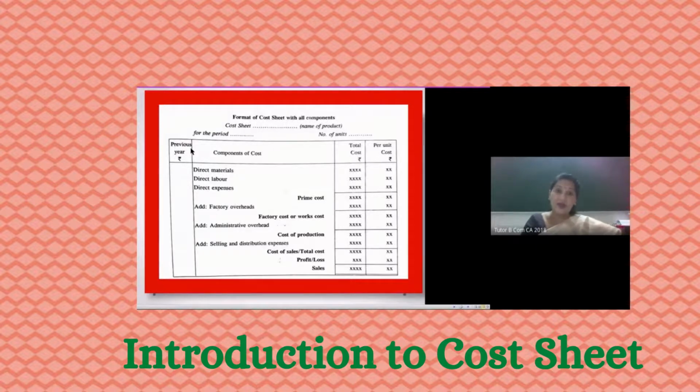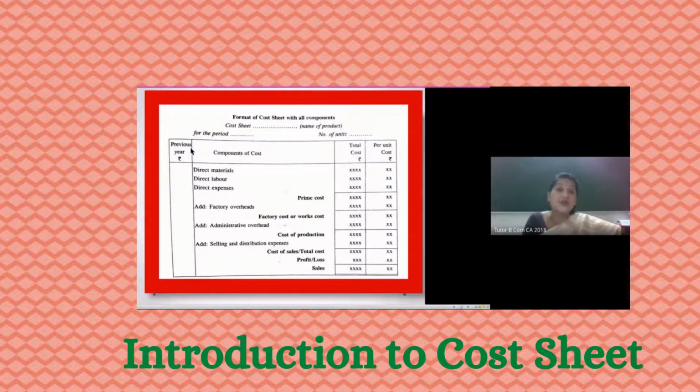And if I'm planning to add my profit to that, then I will arrive at my sales revenue. Suppose I'm making a loss: I planned something, but it did not happen the way I planned, so maybe there is a possibility that I will incur a loss. I'm not able to sell by adding a margin to my product.